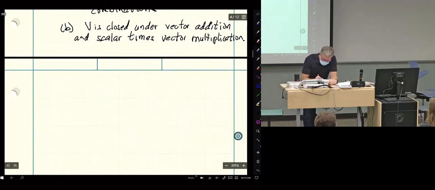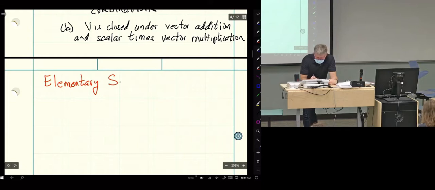This is cool. Here's an elementary screening test to always apply first.